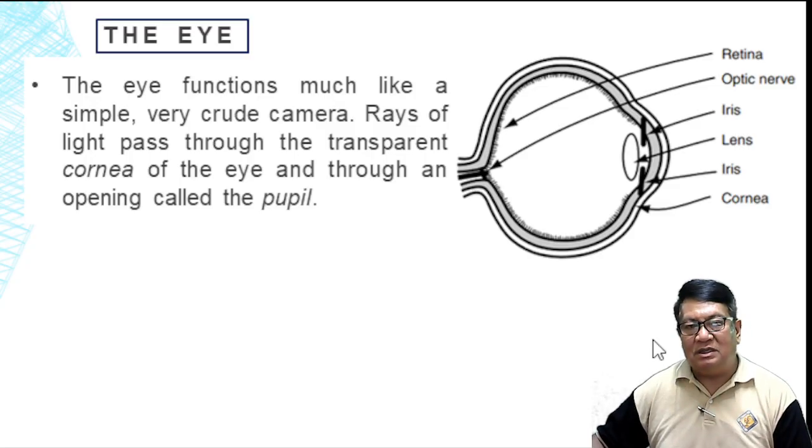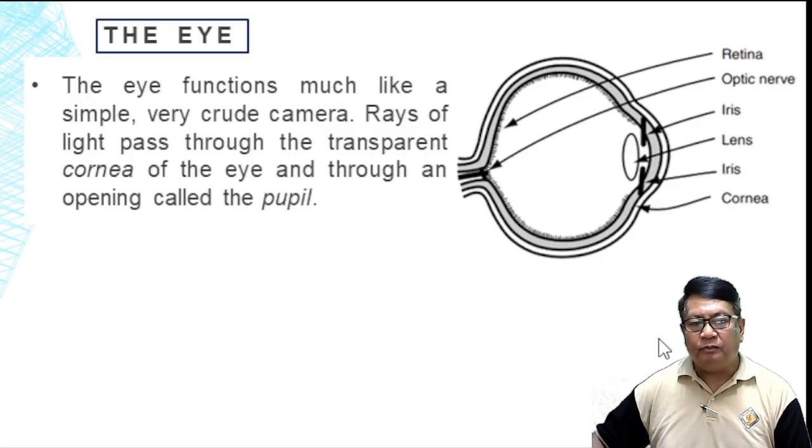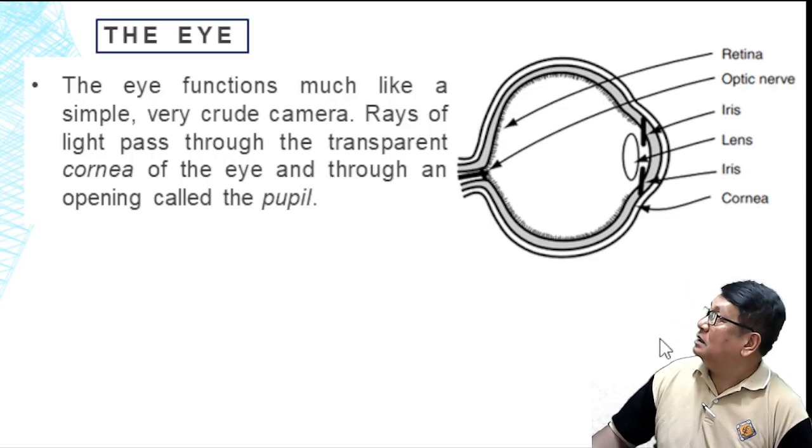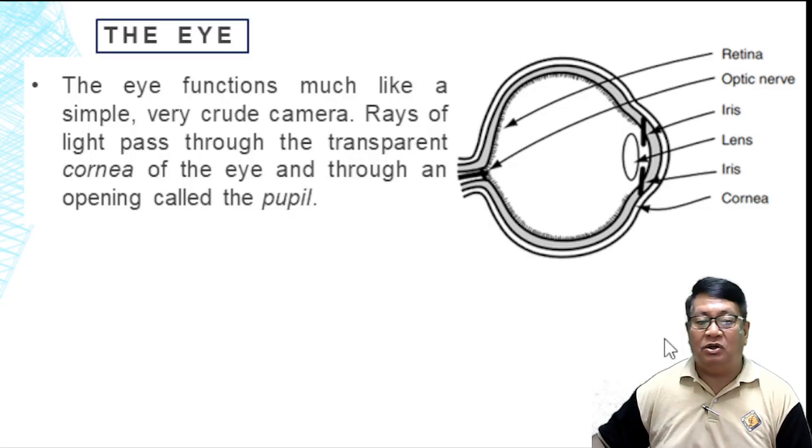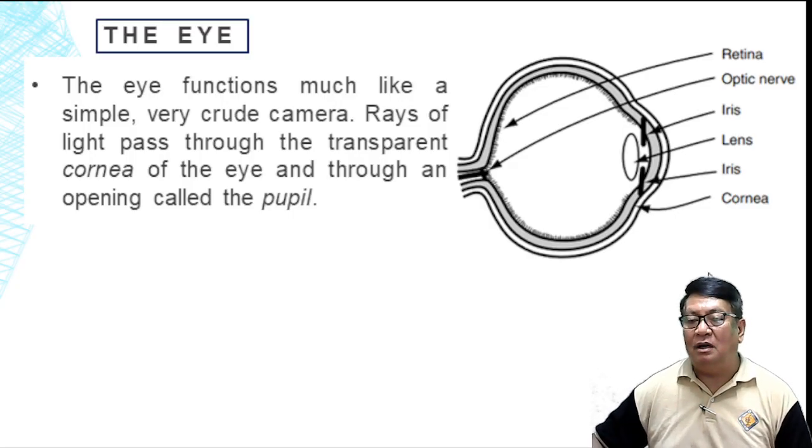Okay, so let's discuss first the eye. Here we have an illustration of the eye. This is the ball, this is the retina, and we have the optic nerve, which will be connected to the brain.